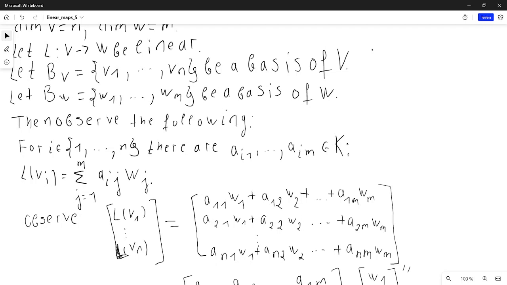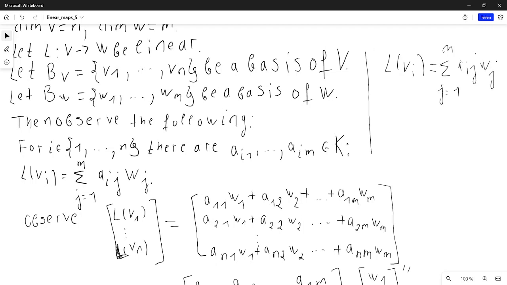But thus far, L(Vi) is equal to the sum over j equals 1 to m of a_ij Wj.